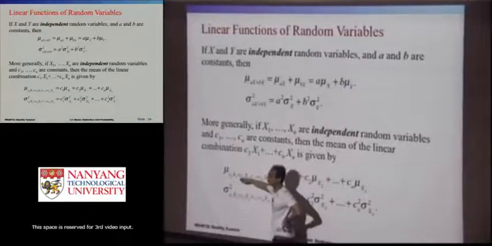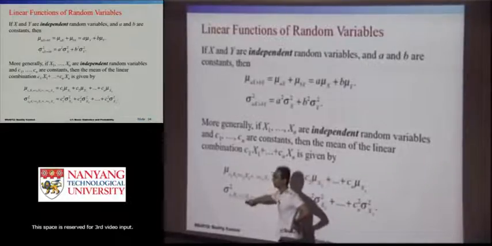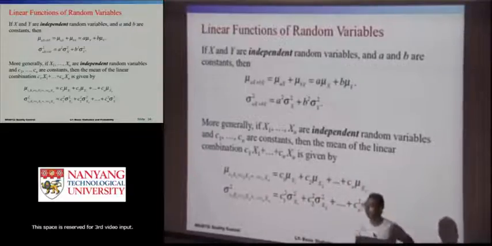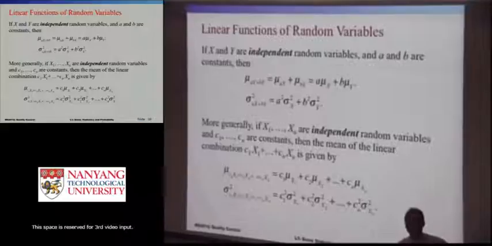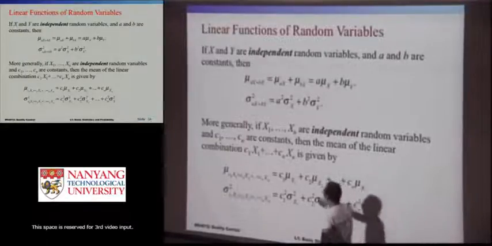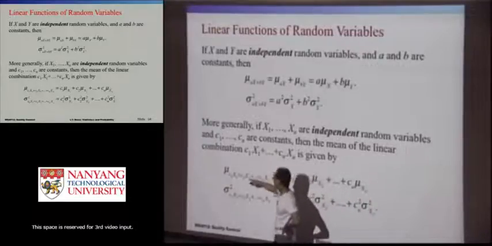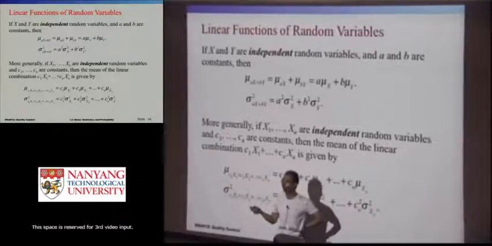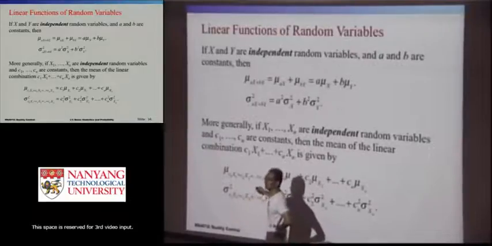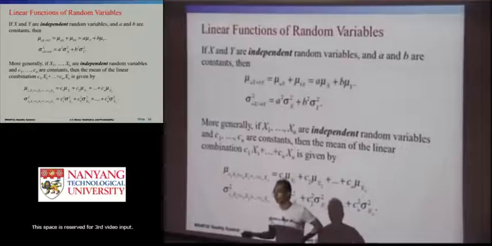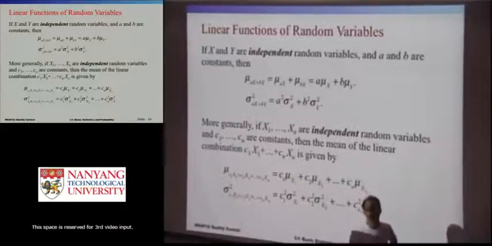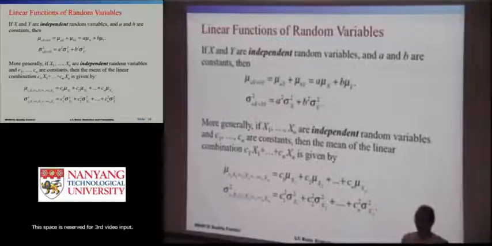Then we can see this equals here, and its variance equals this. This will definitely be given, so you don't need to memorize it, but you should know the meaning. Do remember that capital X1, capital X2 are random variables, not constants. Only C1, C2 and so on are constants. But capital X1, capital X2, all of these are random variables.